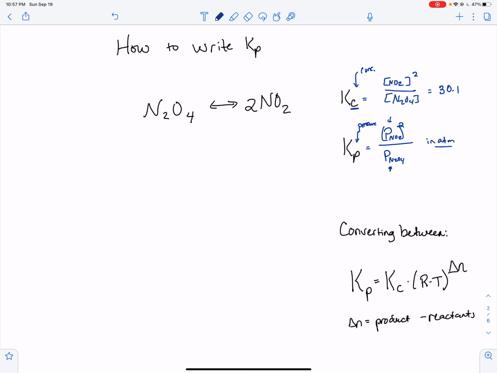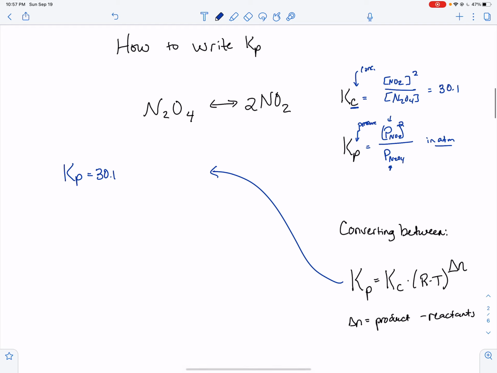So for Kp over here, if I'm solving for Kp, I'm going to plug in my Kc, which is 30.1. Again, that would have been given, or you'd have had to figure it out some way. The R value used in these is 0.0821 liters atm per mole Kelvin.